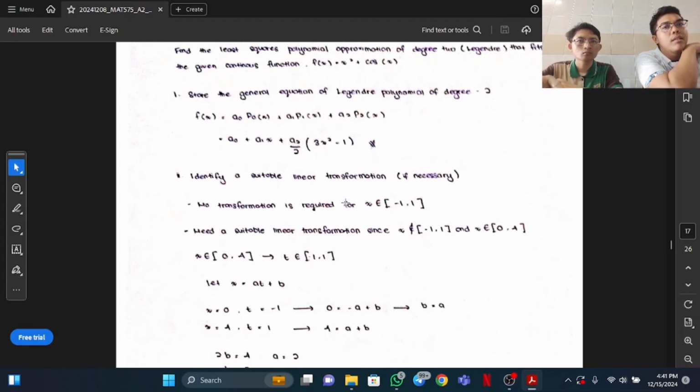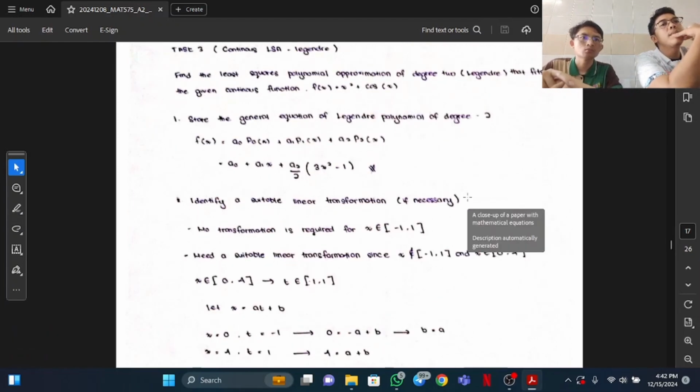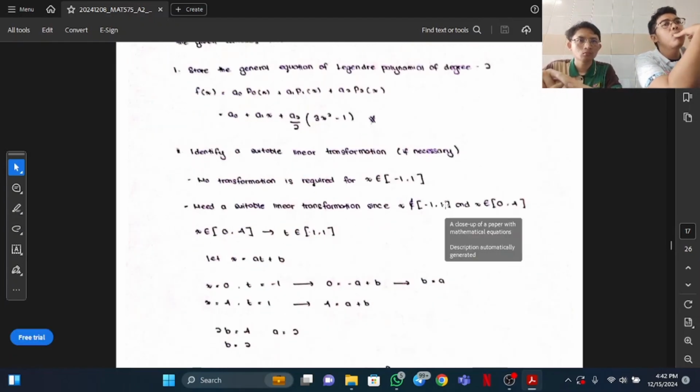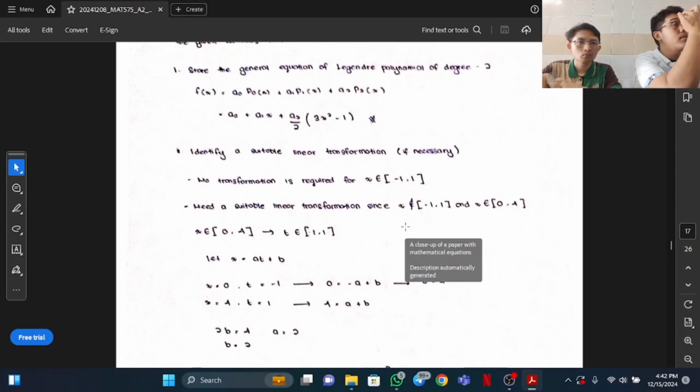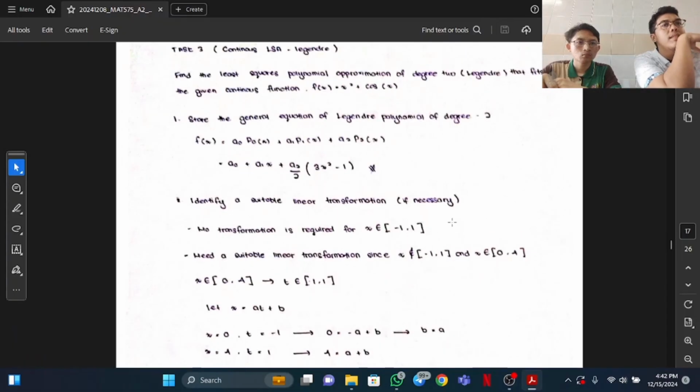And then for the second question, we need to identify the suitable linear transformation if necessary, which means the question has two intervals, which is negative 1, 1, and the other one is 0, 4. So the 0, 4 was undefined as a continuous Legendre.